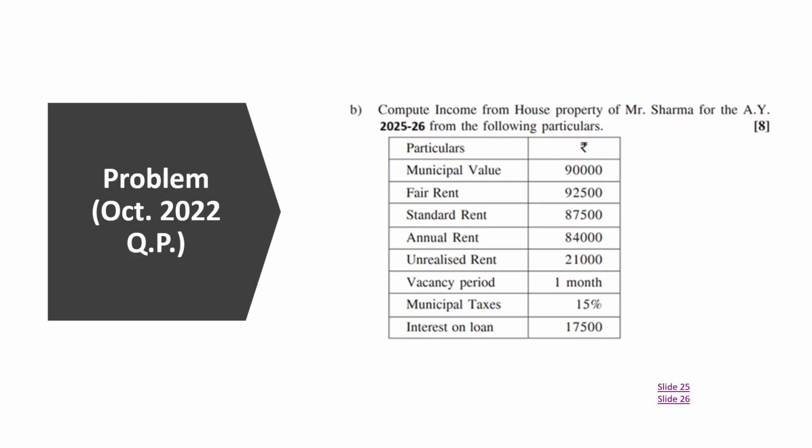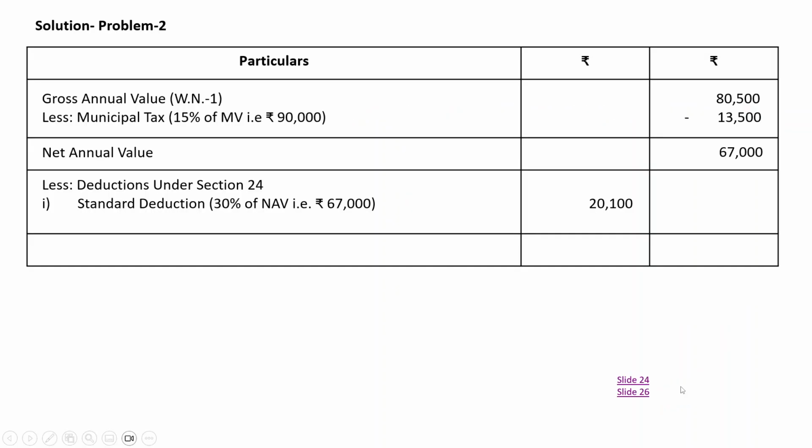And what is the rule for the interest on loan deduction for let out house property? The maximum amount is 2 lakhs. It is already below 2 lakhs, so the whole amount is deductible as interest on loan, and that comes to rupees 17,500. So in this way we get the income from house property.